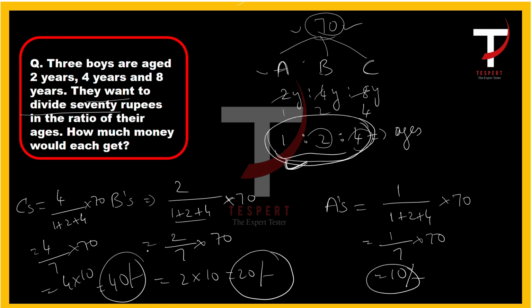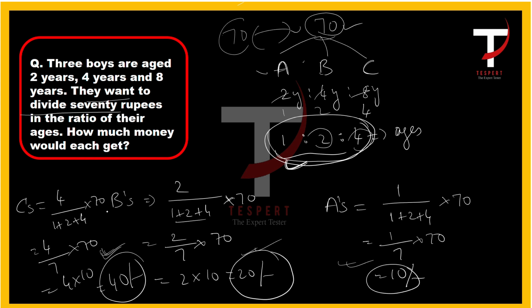So in order to check whether what we did is correct or not, just add it: 40 plus 20 plus 10. So total shares we must add. 40 plus 20 plus 10 is equal to 70. So 70 is equal to 70, right?